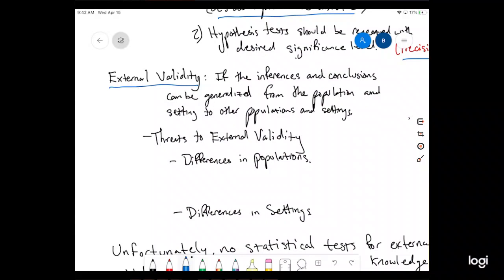So we might have college students in Colorado and Wyoming. Generally, college students in Colorado and Wyoming might look fairly similar. But there might be differences in the regulations between the two states.